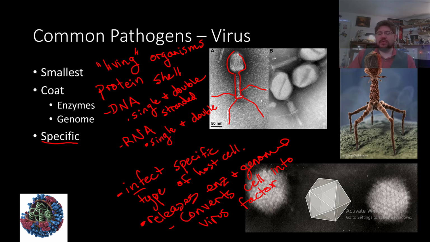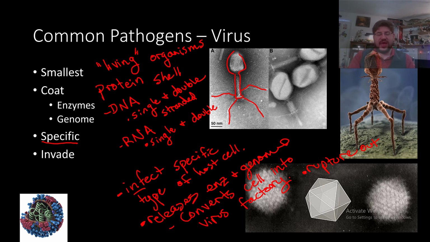And so that cell then just becomes a factory for making new viruses, and eventually enough viruses are produced and the viruses rupture out from the cell and go to infect new cells. And that's how a viral infection goes.